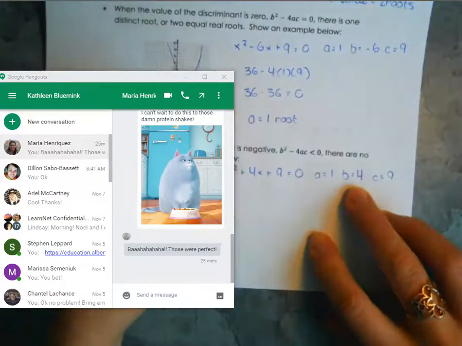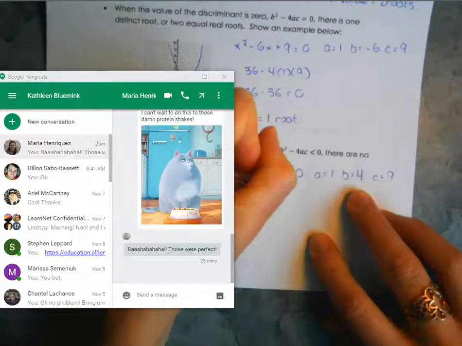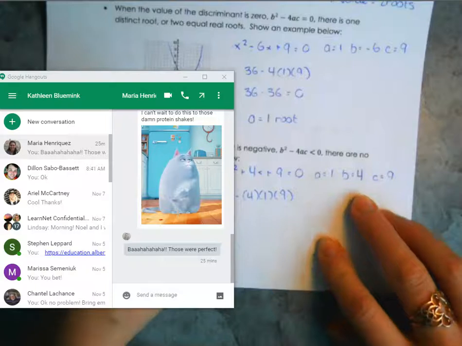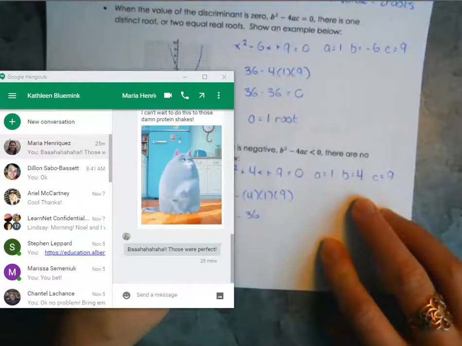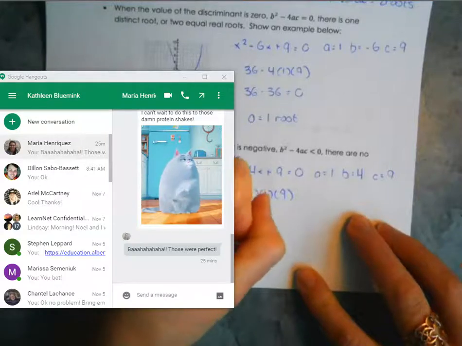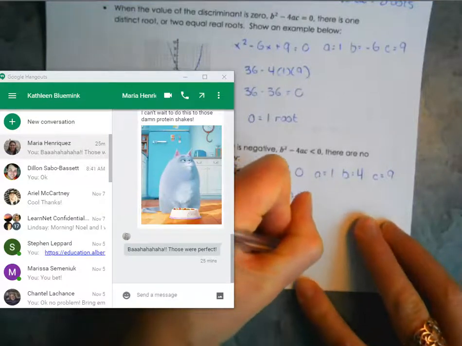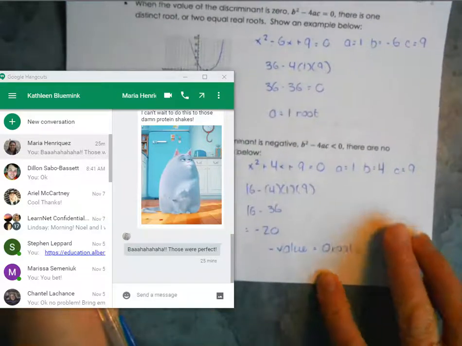So b squared, 4 squared is 16 minus 4 times a times c. 16 minus 36 gives us negative 20. So a negative value equals 0 roots. That means that our graph never touches the x-intercept.